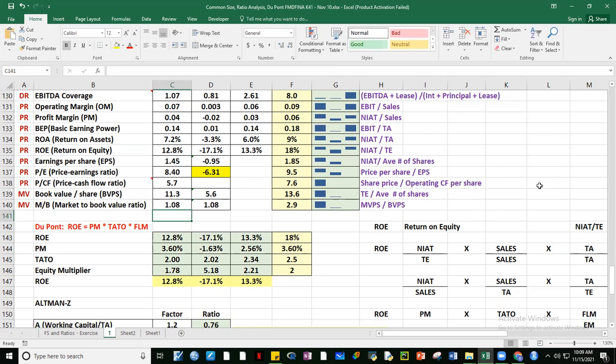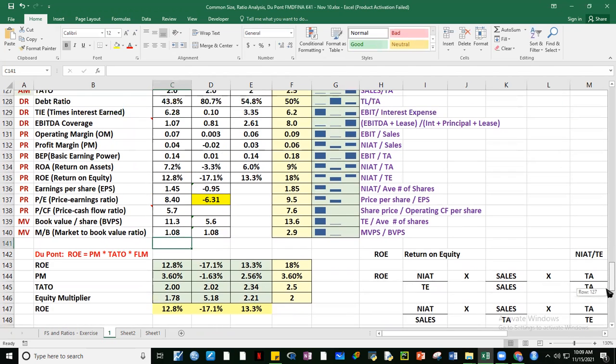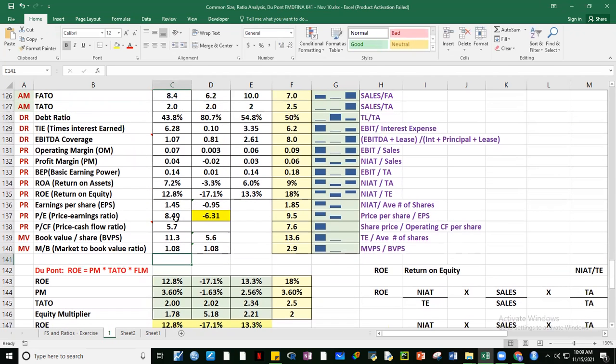Okay, let me pause for a while, guys. You might have some questions anywhere here. Questions, guys, about the formulas? Clarifications about the formula? Okay, let's spend a few seconds.